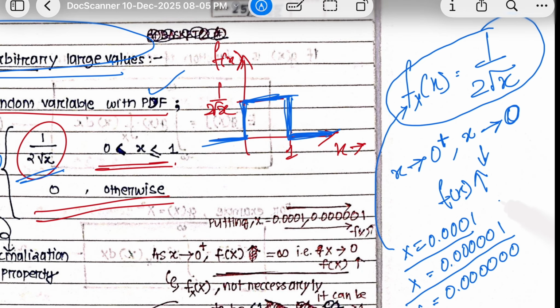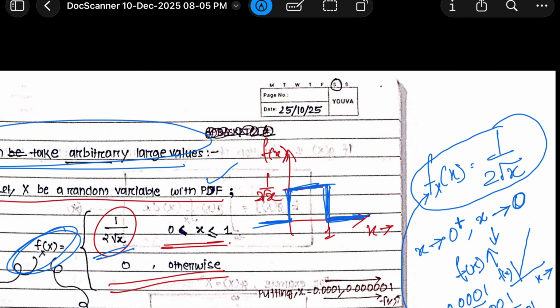If you draw the graphs for these three values, the value of f of x is increasing as we move toward 0. As x tends to 0, the value of f of x is increasing.